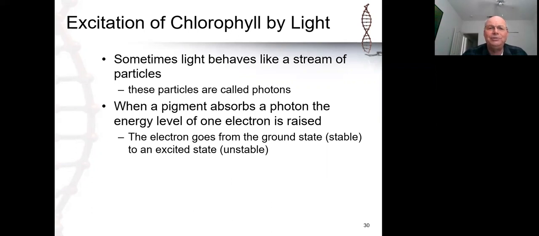Well, we have to think about photons, or light, in exactly the same way. We know that light consists of waves, the electromagnetic spectrum, but light and electromagnetic radiation also can behave as particles. And each type of electromagnetic radiation has its own particles, and these particles are called photons.